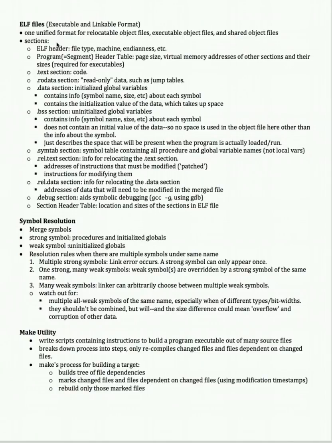So the problem occurs when there are multiple weak symbols with the same name but different data sizes or data types, which could really incur problems, as we've seen in examples in the slides.